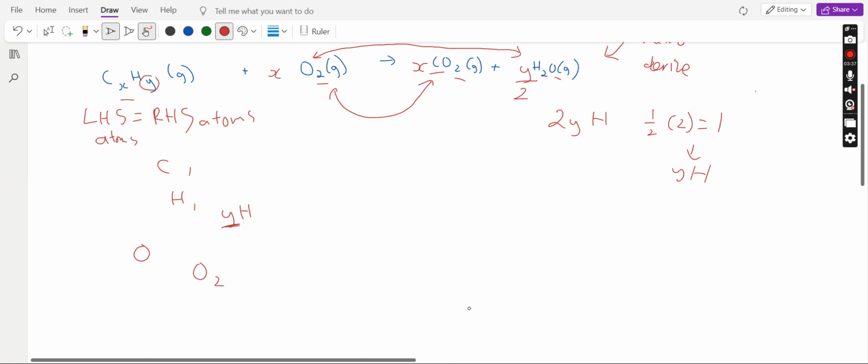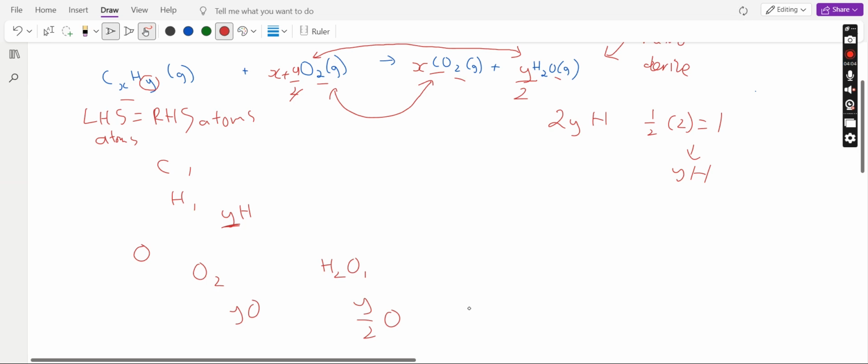In your oxygen gas you have O2, but in your steam you only have O1. So how do you balance them? If you just put plus y over 2 here, you realize it's not balanced, because on your left hand side you will have y oxygen because the 2 cancels out, but on your right you actually have y over 2 O instead.